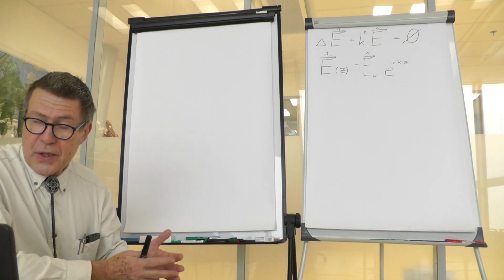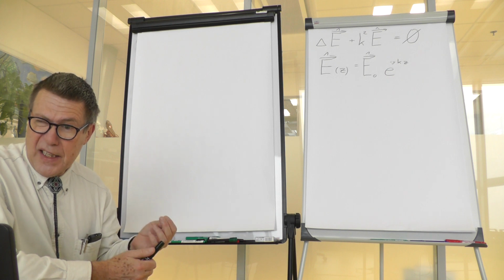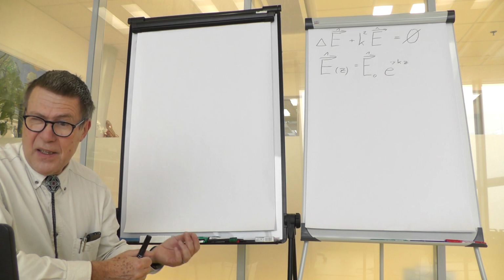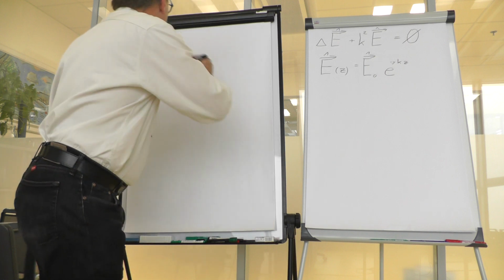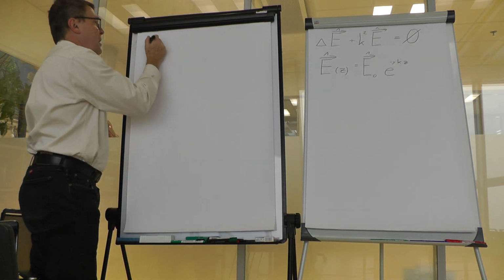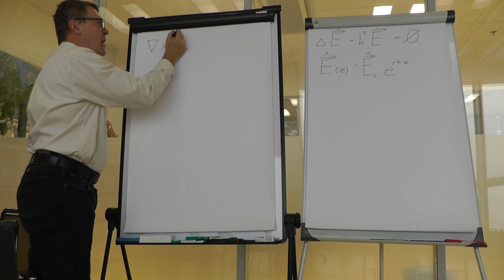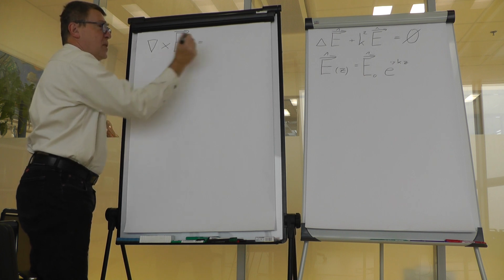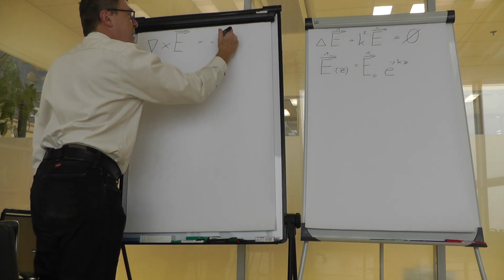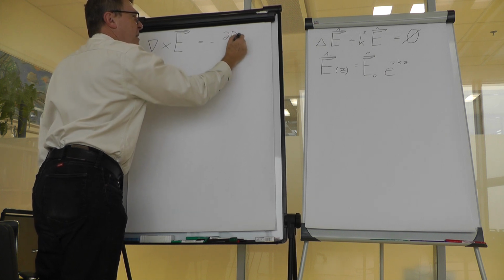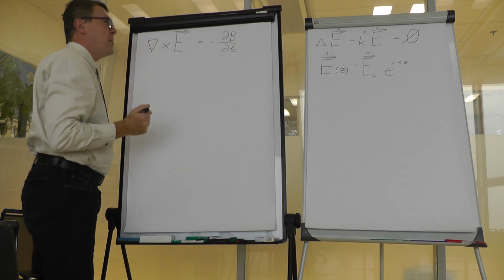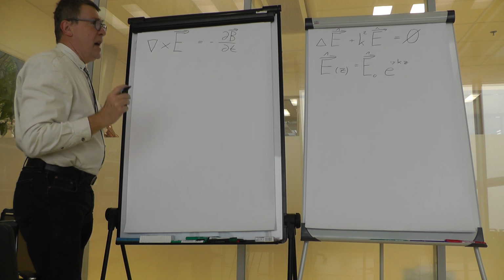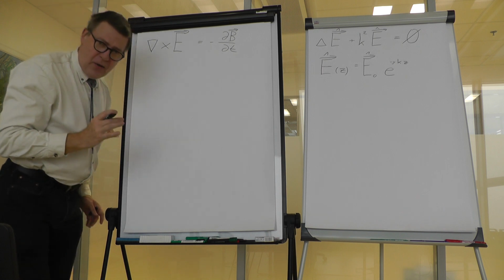That's an important question. So let us consider now, for example, a Maxwell equation that on the left side has a circulation of electric field strength. And as you remember, this is minus dB over dt. Now, we have to decorate this a little bit.